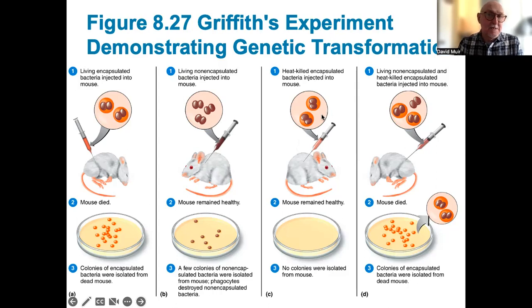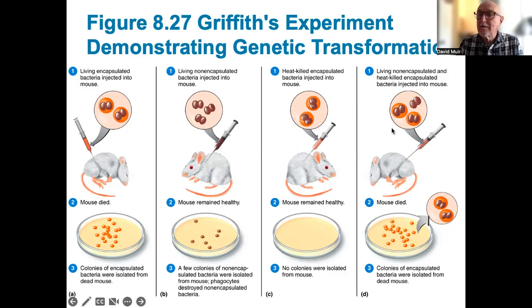What he then discovered was if he mixed that dead culture together with living rough culture and injected that into mice, the mice died. Why? Why would the mice die? The only living prokaryote that has been injected into them is the rough version of Streptococcus.